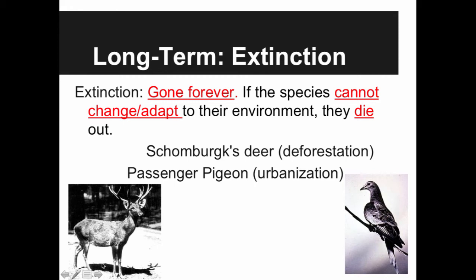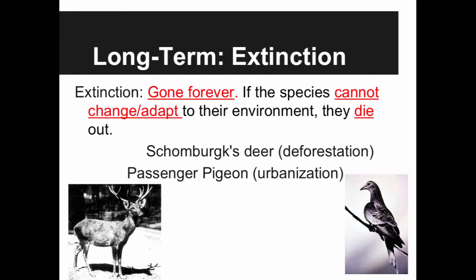The passenger pigeon actually went extinct because of urbanization. Now we know lots of pigeons have adapted to living in cities and surviving on trash and food, so therefore they didn't go extinct. Where the passenger pigeon was not able to adapt, so therefore it did go extinct.